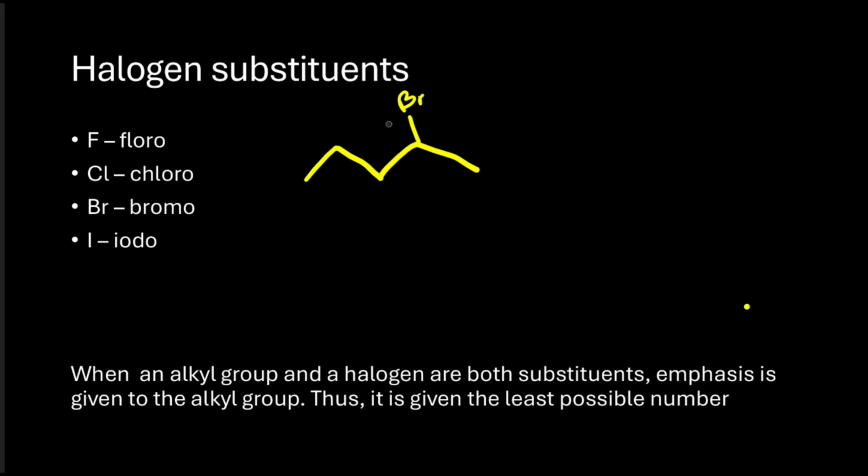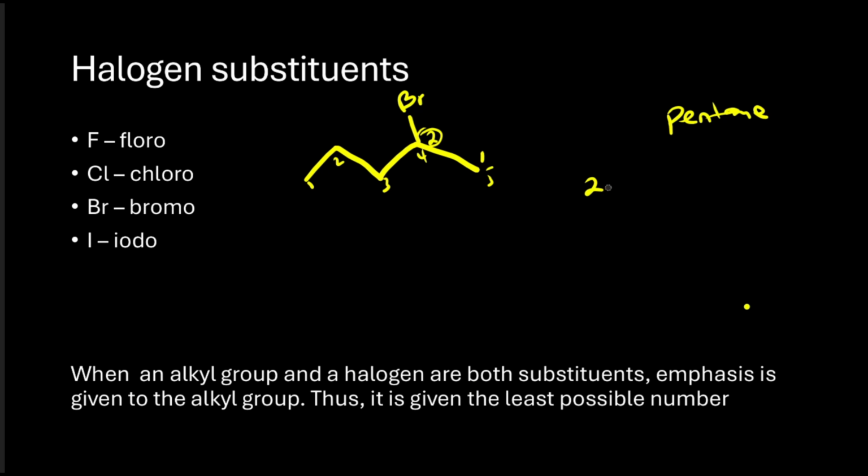So if we have an alkane like this with a bromine substituent, we first identify the straight chain. So we have 1, 2, 3, 4, 5 carbon atoms. So this gives us pentane. And then we assign the least possible number to our substituents. So in this case, if we number from the left to the right, we have number 4 here. And then if we number from the right to the left, we have 1, 2, and so 2 obviously gives us the least possible number.